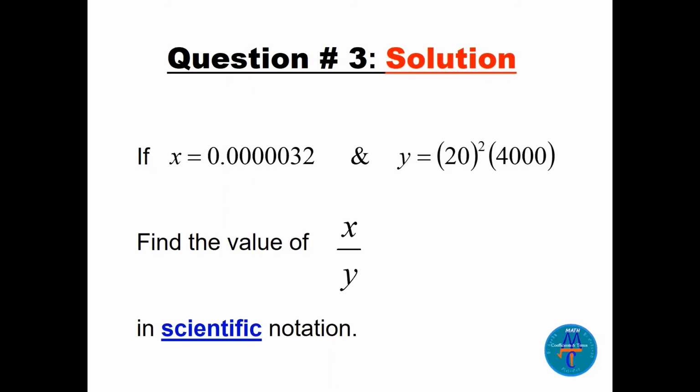So the final answer, you should give me something in scientific notation, easy to read. You can try also this one, please, because the answer is there on the next slide. You can try yourself on a piece of paper, and then you can compare your answer.